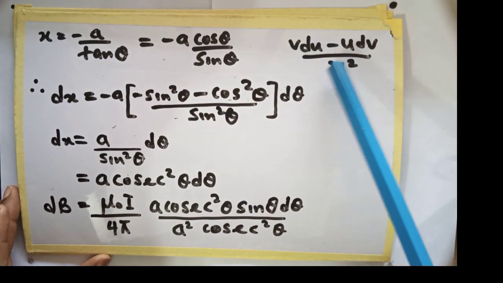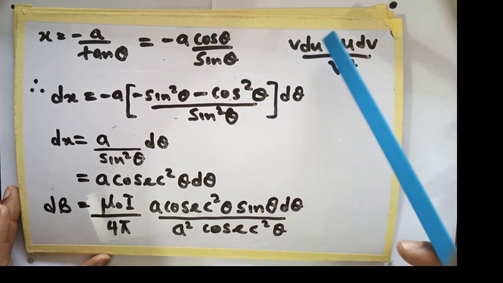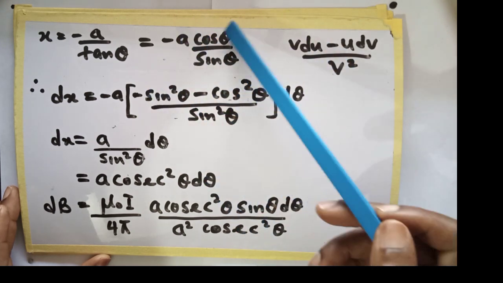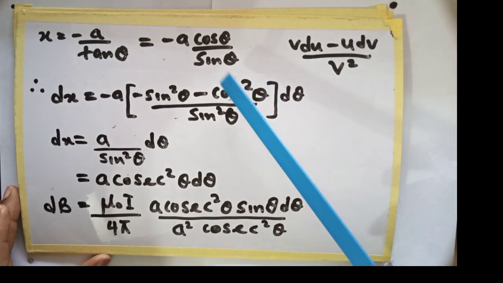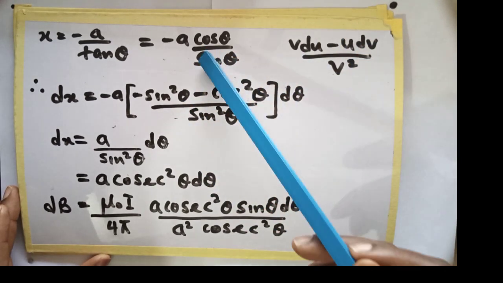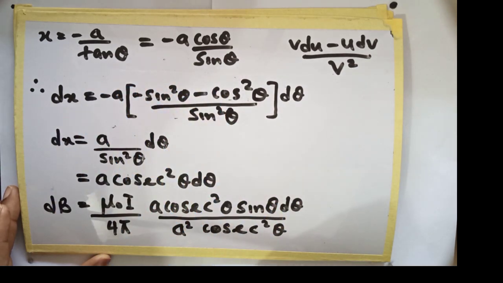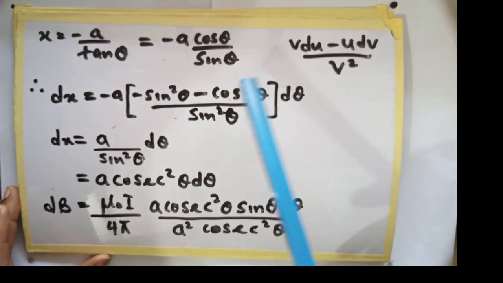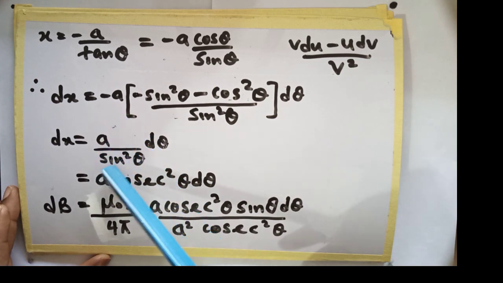So using the quotient rule, v du minus u dv all over v squared, if you keep your v, which is sine theta, you differentiate this, you get this. If you keep your u, which is cos theta, you differentiate this downward, you get this, all over v squared. If you factorize your minus out, it will cancel this one, and sine squared theta plus cos squared theta will give you 1. So you end up having this expression. And 1 over sine theta is cosec, so because we have squared, it becomes this expression.